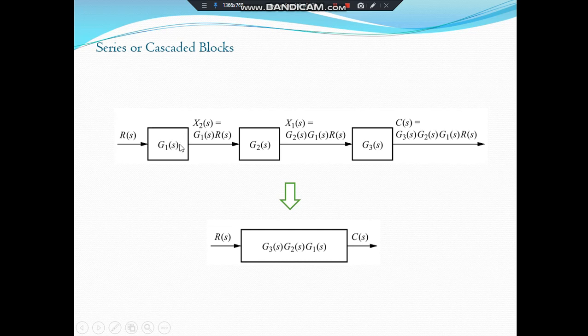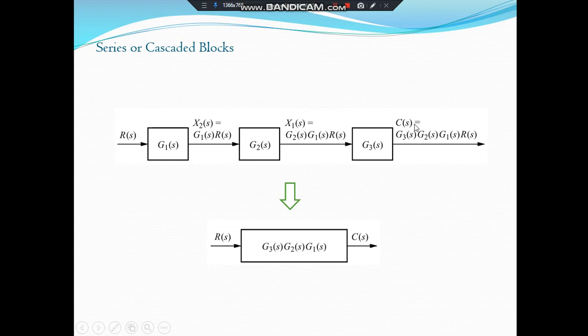After passing the input through the first subsystem, this will be G1 of S multiplied by R of S, which means that the input is multiplied with the transfer function of the first block. After the second subsystem, the output will be the input of this block multiplied by the transfer function of this subsystem, that is G2 of S multiplied by x2 of S, or we can replace x2 of S with G1 of S and R of S.